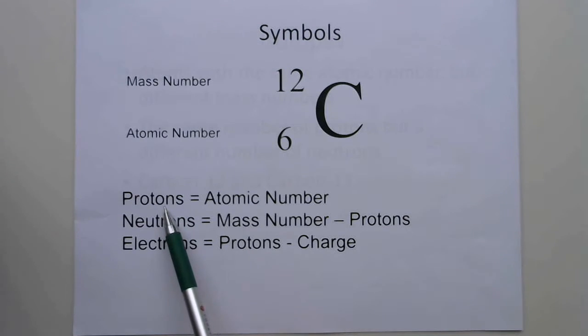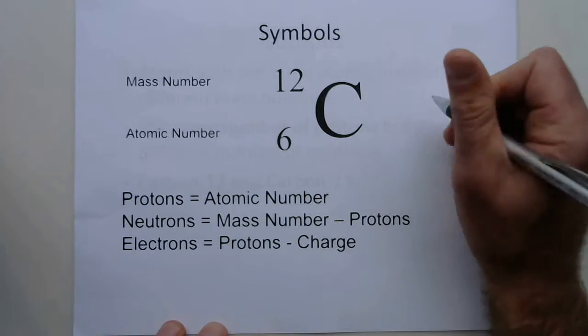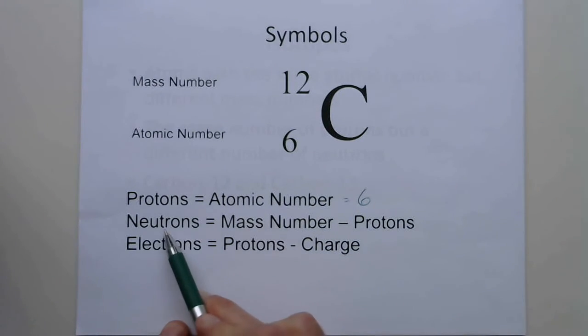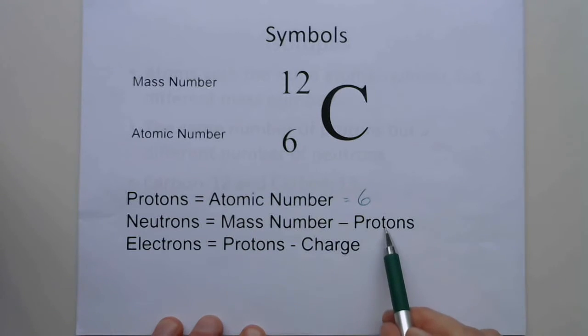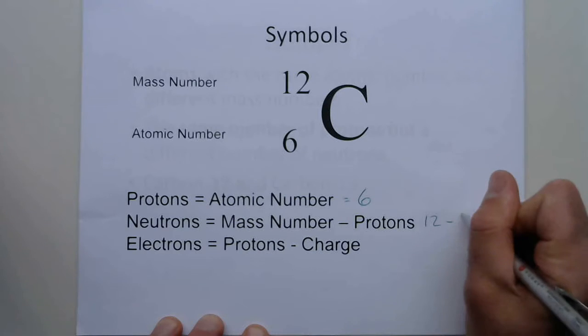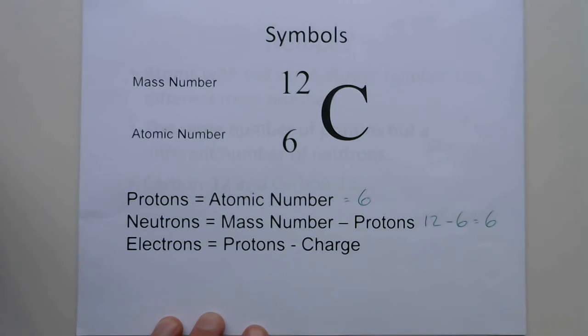All right, so figuring out the subatomic particles, protons, neutrons, and electrons. Protons are going to be equal to the atomic number. So since this is carbon, it has an atomic number of 6, then this would have 6 protons. Neutrons is going to be the mass number minus the number of protons. So we have a mass number of 12 in this case, minus 6 protons, so we have, in this case, 6 neutrons as well. They're not always equal. In this case, they happen to be.